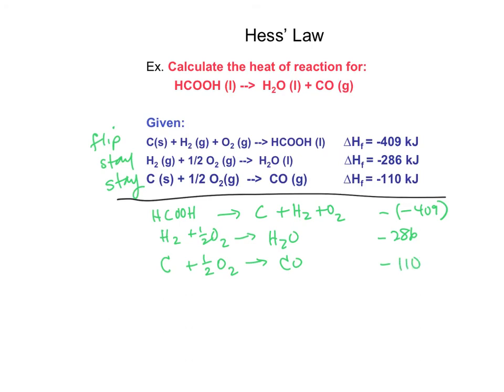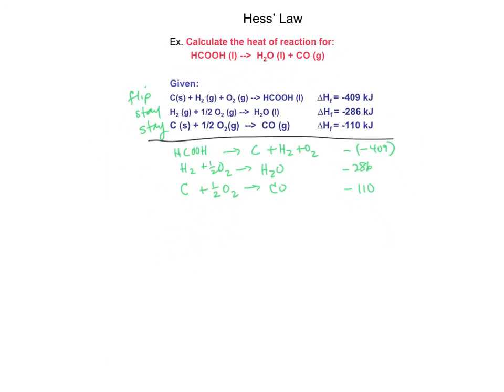Okay, now for this one, I don't think we have to multiply times any coefficients. This is a simple example, just so you get a sense of things here. And if I added them up, what would happen? The hydrogen cancels. Half oxygen plus half oxygen is one oxygen, which cancels with the oxygen on the right. And then the carbon cancels, that's graphite.